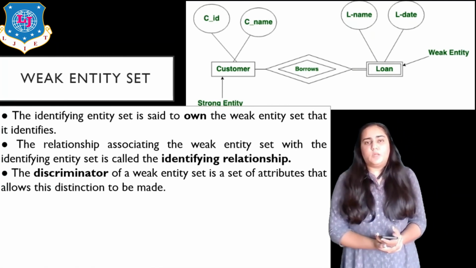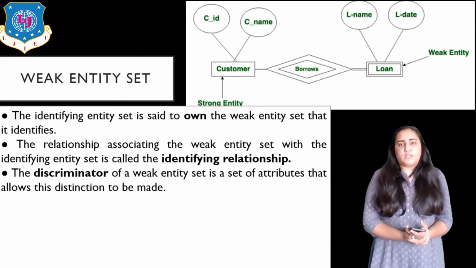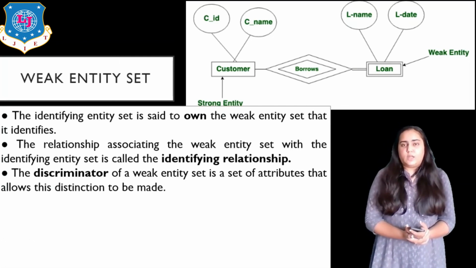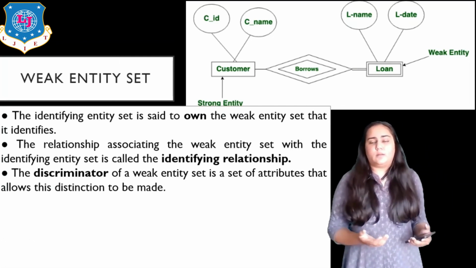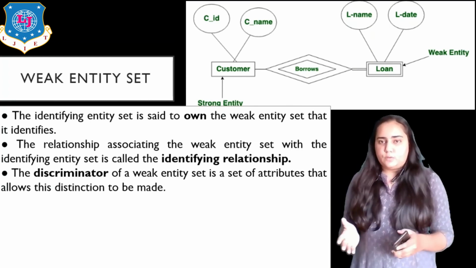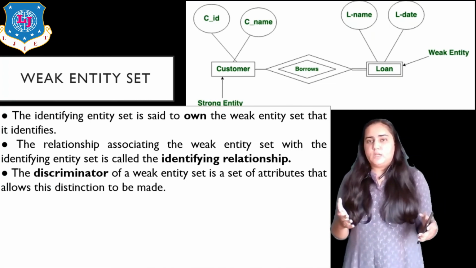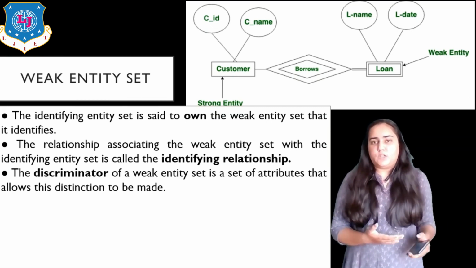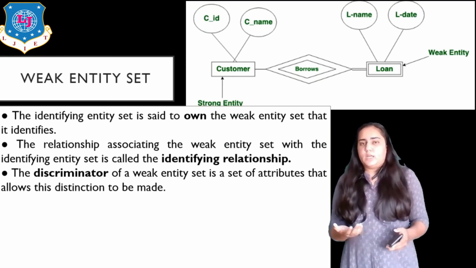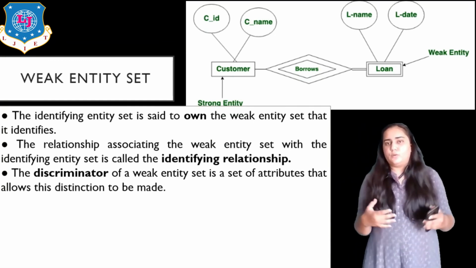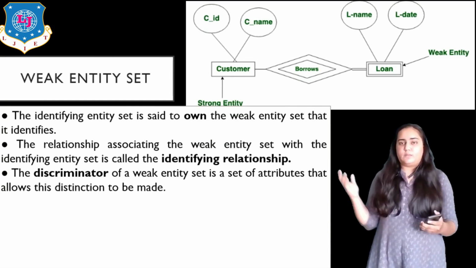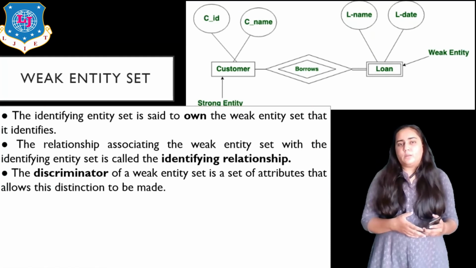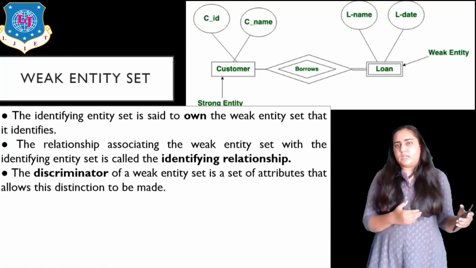For example, if you take customer ID from customer and keep the loan name and loan date attributes joined with customer ID, then you can get a unique combination, because it is true that the same loan name and date can be possible in the loan table, but for the same customer ID, it's not possible.